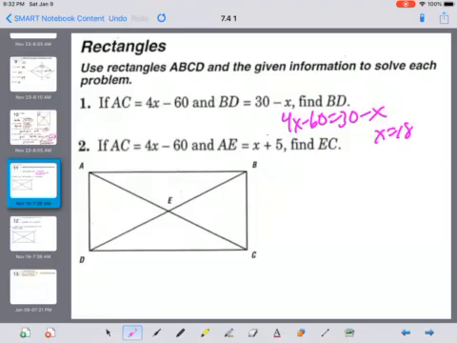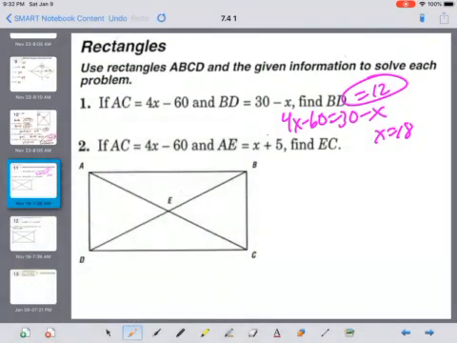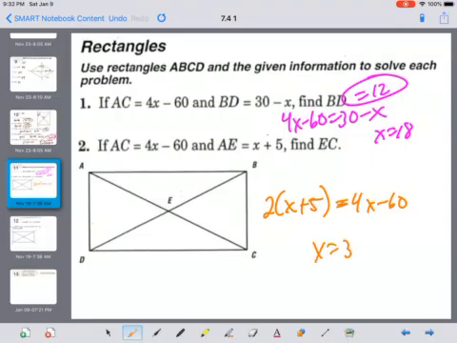And you're going to get x equals 18, which means that BD equals 12. AC is the entire diagonal. AE is half of the diagonal, so I need to multiply AE by 2 in order to get AC. And I'll get x equals 35. And when I plug that in, I'll get EC equals 40.